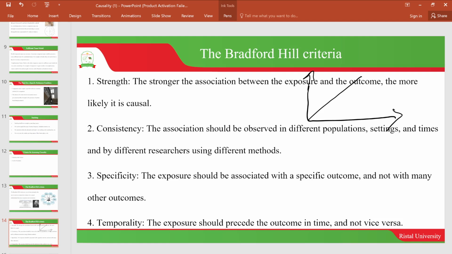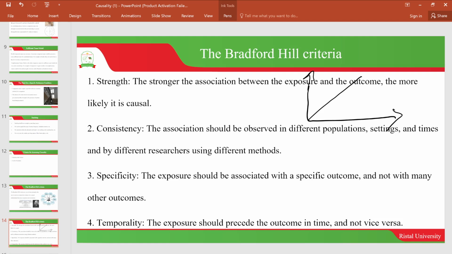Saying that, for example, if you have people who are smokers, and then you look at how many of these will actually develop lung cancer, among several heavy smokers you are likely to have more lung cancer cases than among people who smoke less. So that means there is a relationship.